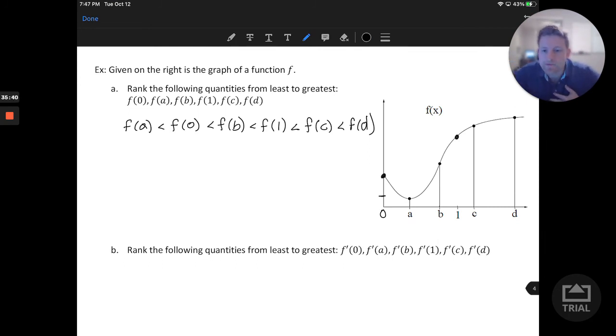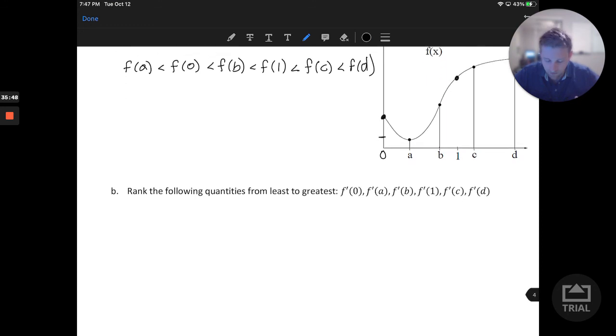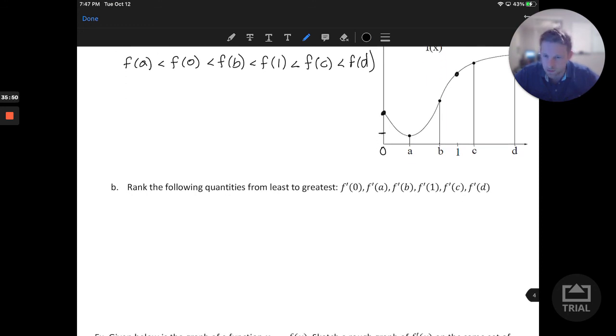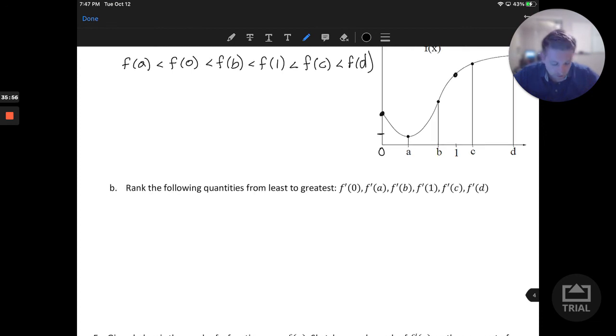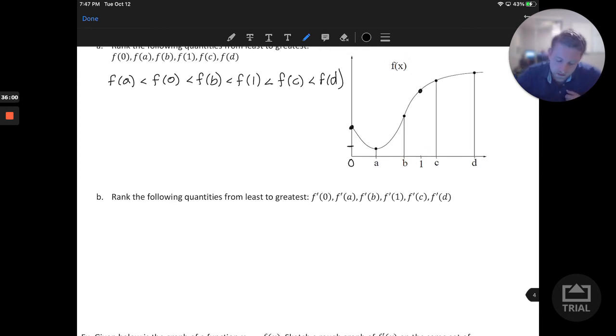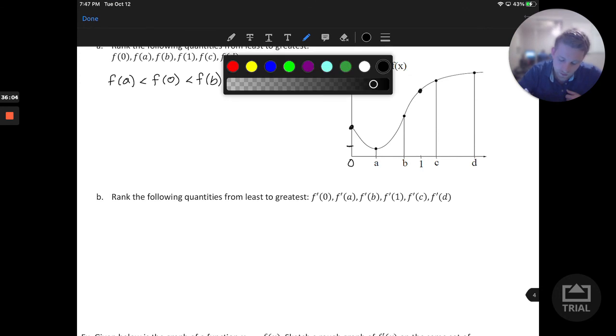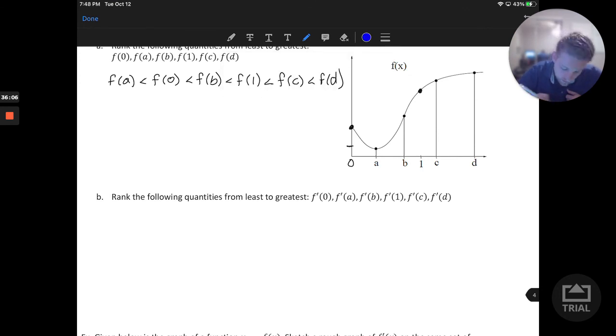Now let's consider what if we took a look at the quantities for the derivative. So you could take a moment if you wanted to pause and look at part B. So let's consider the graph and ordering our derivative values now from least to greatest. So to do this, it might be helpful to sketch little tangent lines on the graph at each of these points.